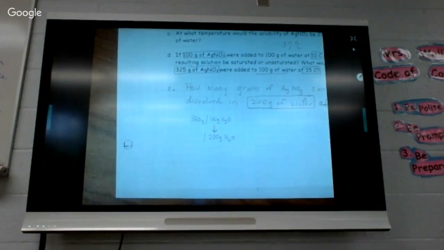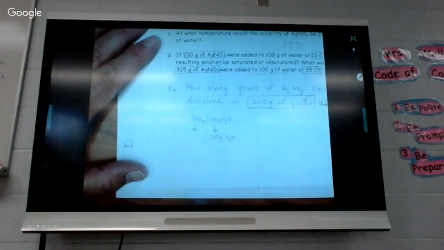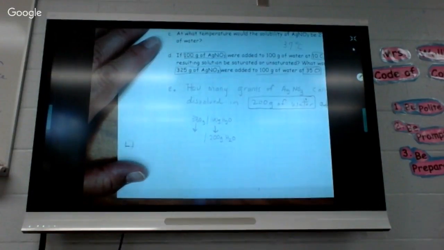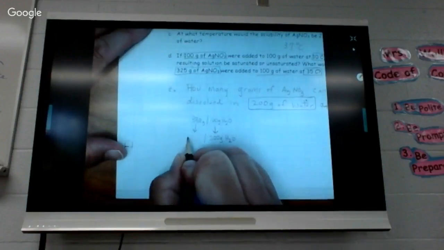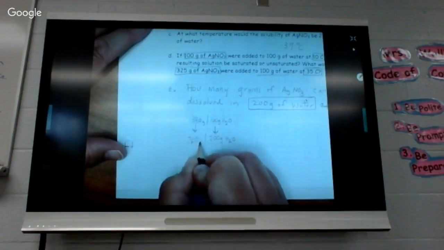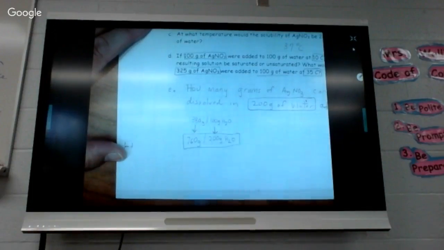It doubled. So, what are we going to do to our amount of solute? You're going to double it. So, 380 times 2 is what? 760? That would be your answer.